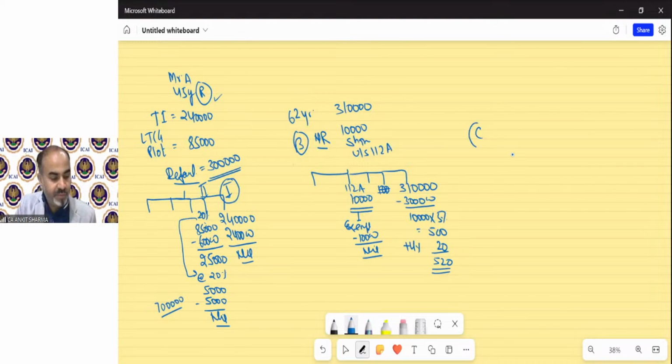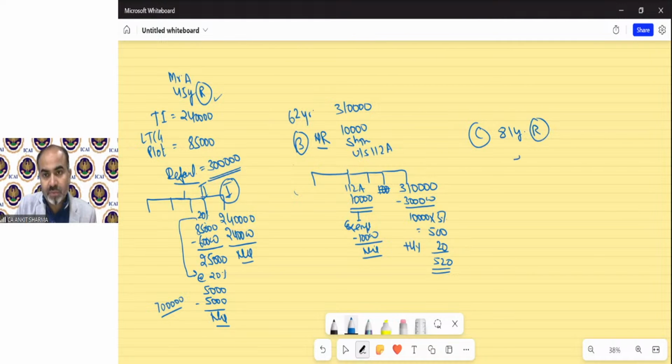Now for C, the income has been given in case of Mr. C, who is age 81 year and resident.